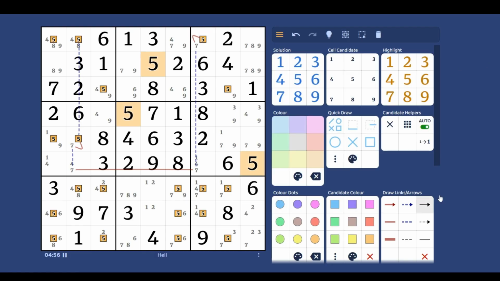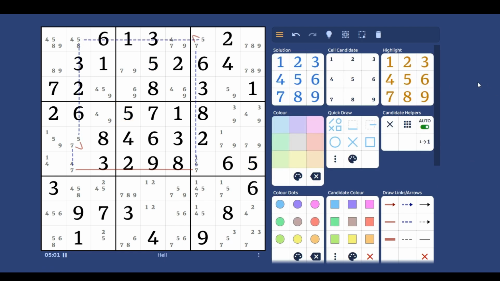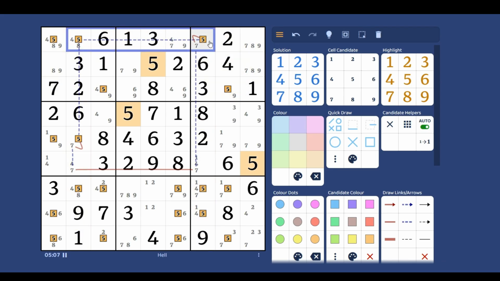And we actually see that if we go back to the original 5, we have an odd number of nodes. And in this case, going back to the original 5, that is a weak link because these 5s are not bilocal, so it can't be a strong link. And this essentially means that our 5 is at a discontinuity between two weak links in our loop here.